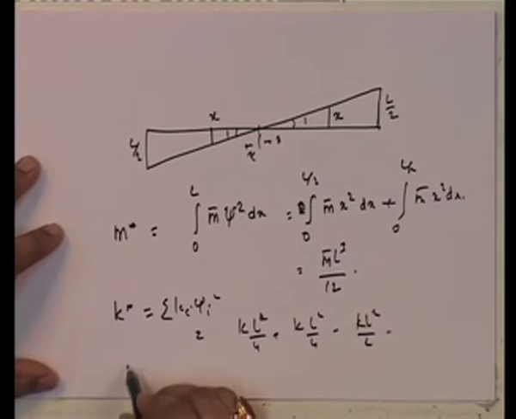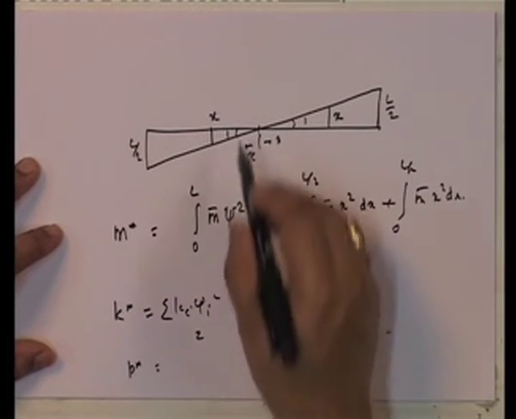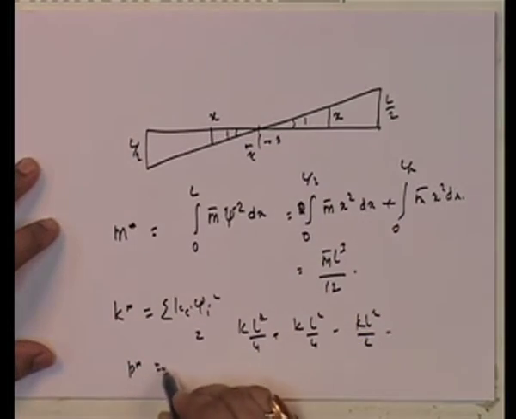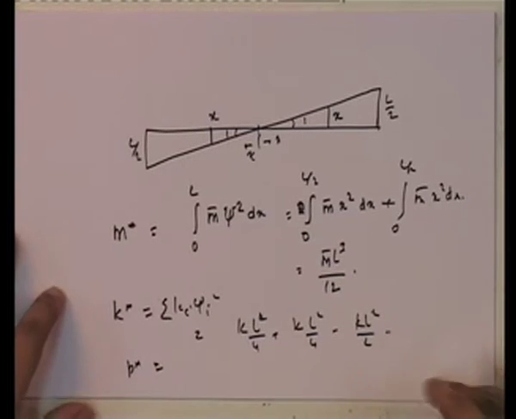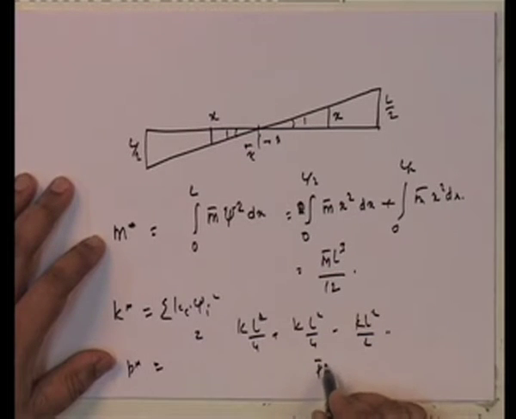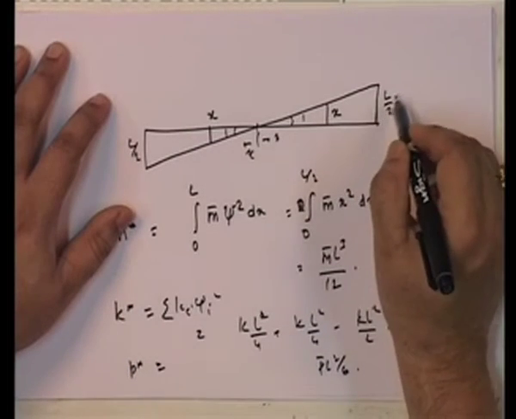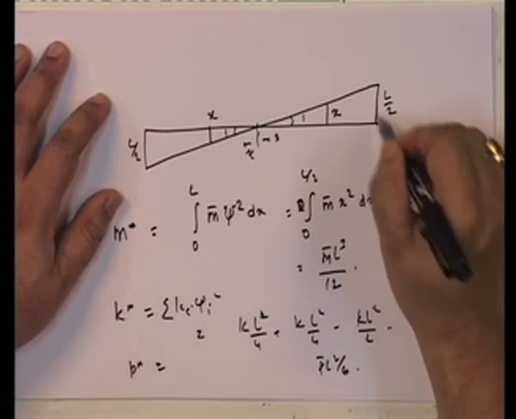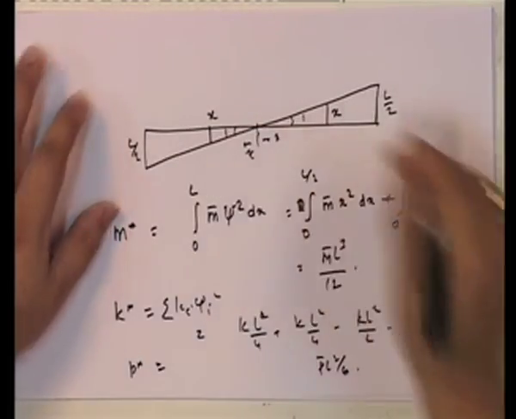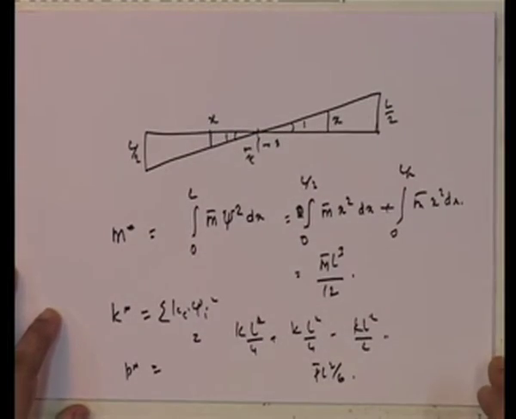And p star is the same thing, you will get p bar L squared by 6. So, whether you use this formulation or the other formulation or first principles, you should get the same equations.